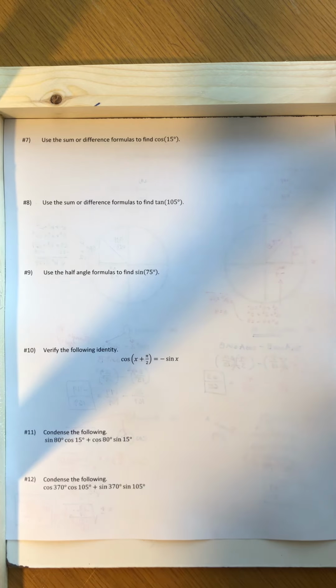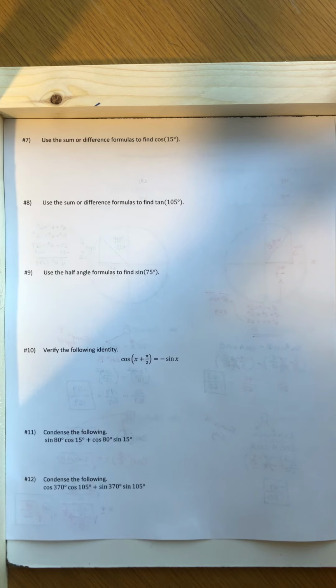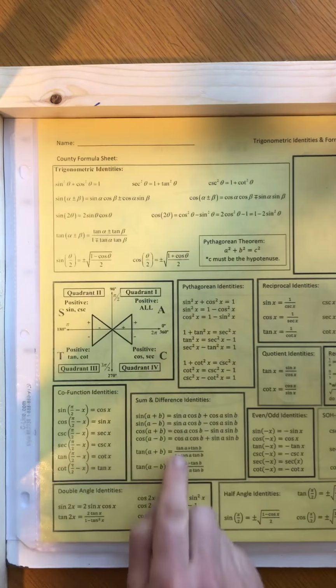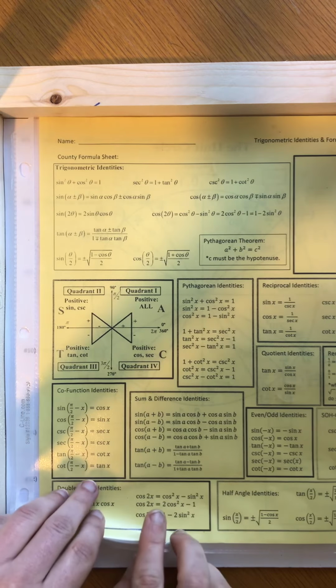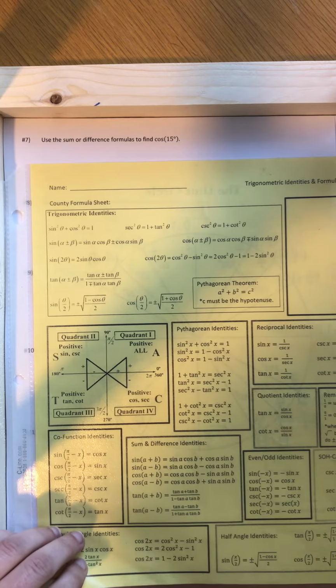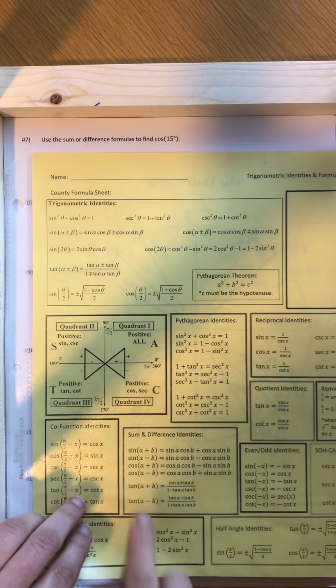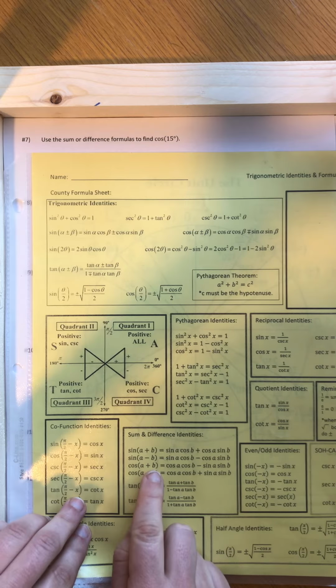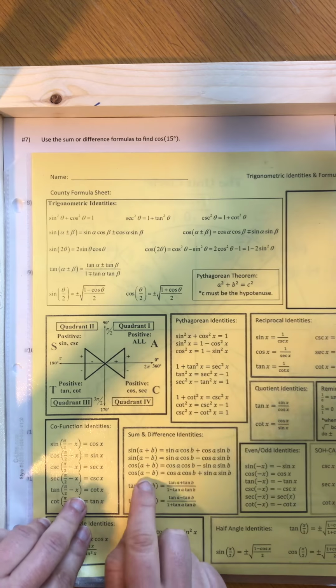Now to work on the back, it says to use the sum or difference formulas to find cosine of 15. So the sum and difference formulas are right here in the middle. I need to find the cosine of 15. So I either need to add two things together on the unit circle to get to 15 or subtract them.